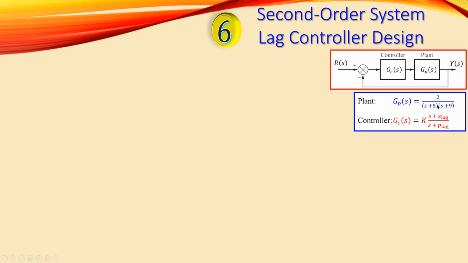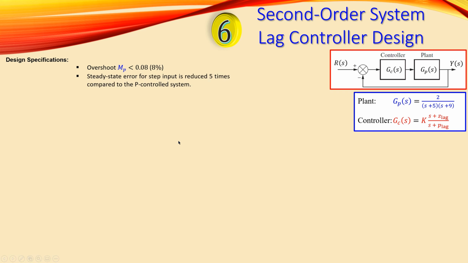For that, of course, we need the design specifications. So let's look at our design specifications for this example. We need an overshoot which must be less than 0.08, so 8%. And there's a steady state error specification for step input. It must be reduced 5 times compared to the P control system. That means the following.